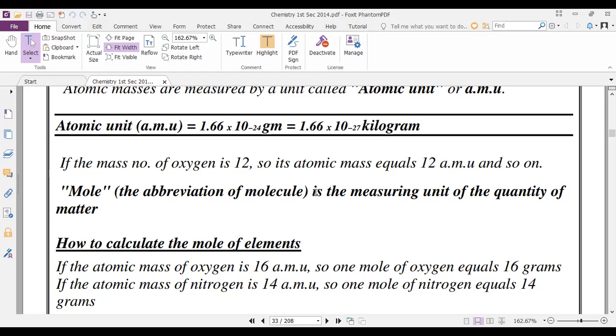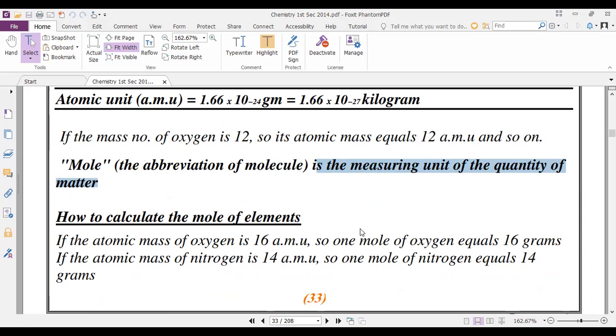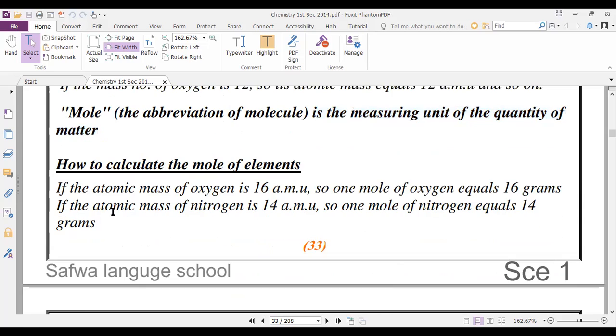So what's meant by mole? Mole is the measuring unit of the quantity of matter. Okay, how can we calculate the mole? Try to read this paragraph, Mariam.